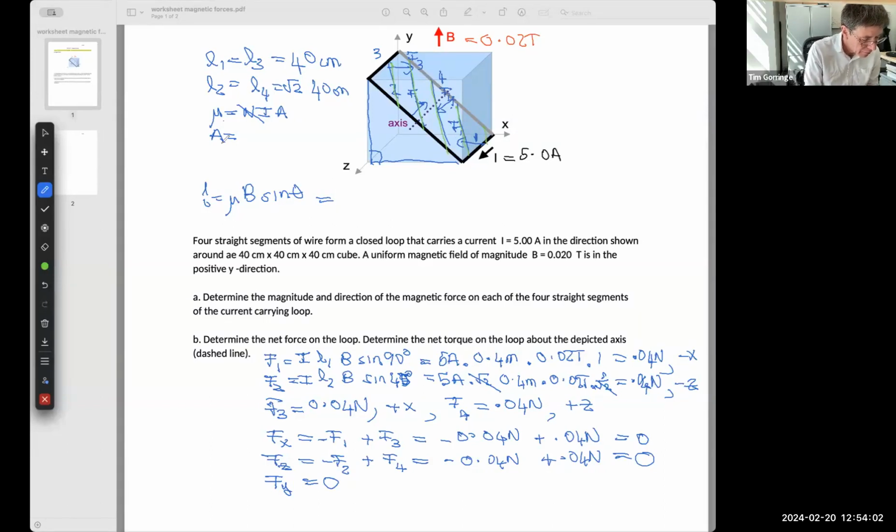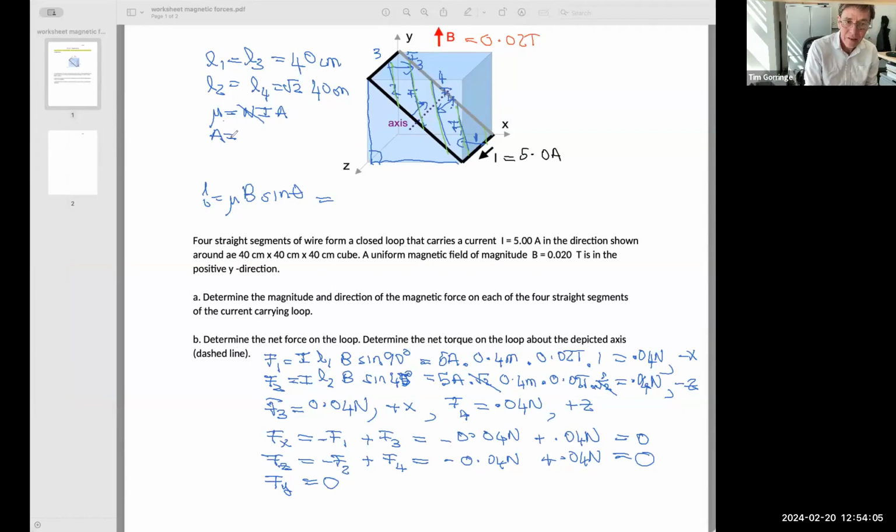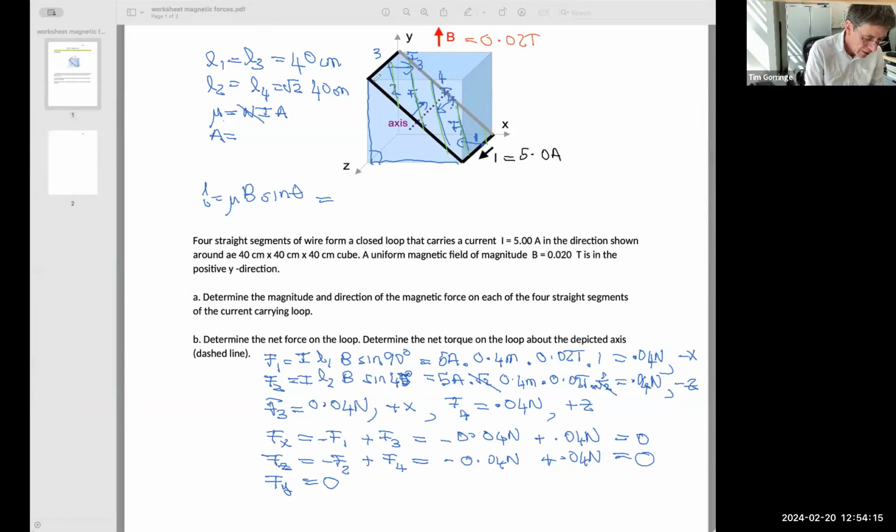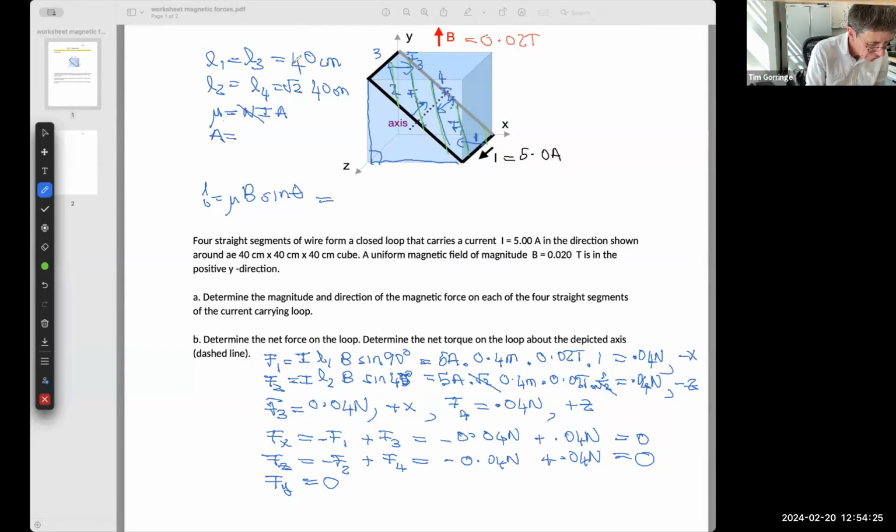The size of A is going to be the width of the loop, either this top left side or this bottom right side, times the height of the loop, which is the hypotenuse of this right angle triangle. So it's 40 centimeters times the square root of 2 times 40 centimeters. So this is the square root of 2 times 40 centimeters squared. That's the area of the loop.